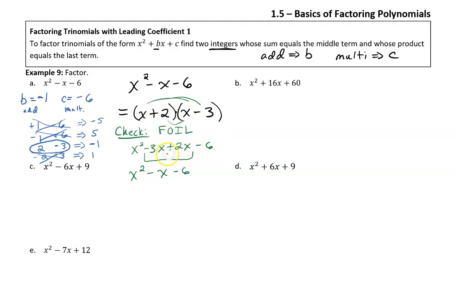And do the numbers add to get me that middle term, right? That b. So checking is really, really useful. It's not too complicated. It's a nice practice of the distributive property, and it just makes sure that we understand where everything's coming from and how everything is related to each other.